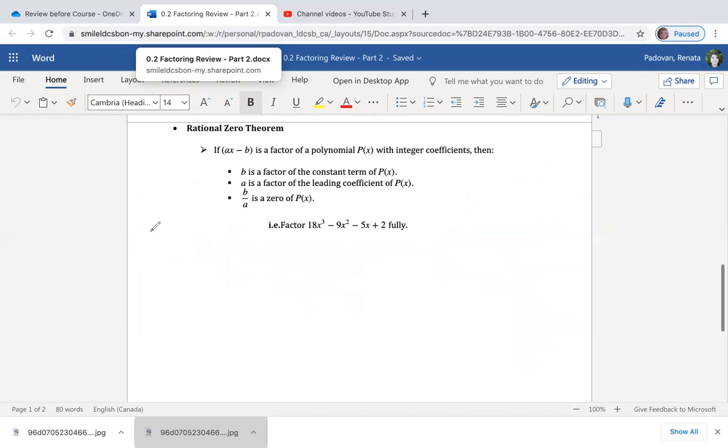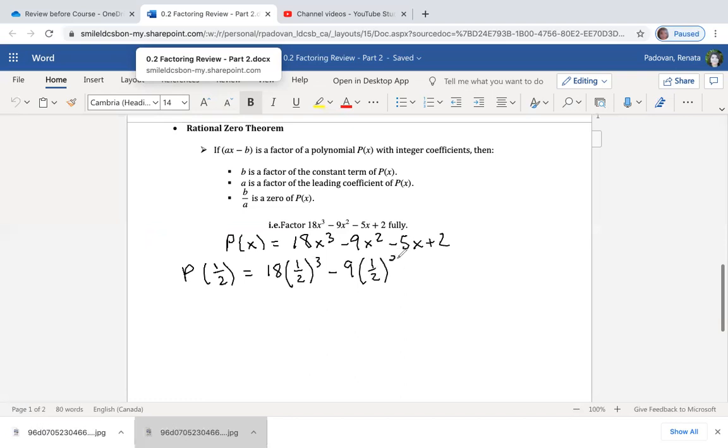So if I sub in p at, now I'll rewrite my p of x here. So if I sub in, we said positive 1/2. So be careful. So let's write this out. 18 times 1/2, that's cubed, minus 9 times 1/2, that would be squared.